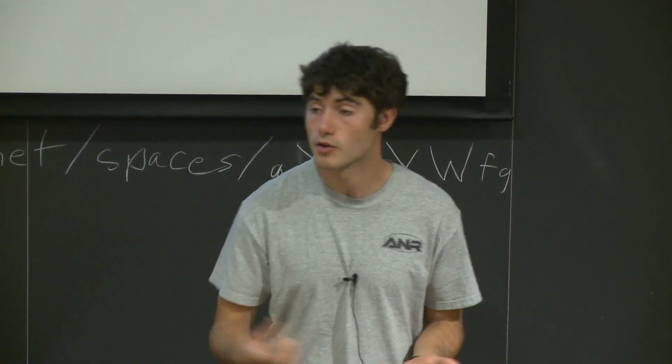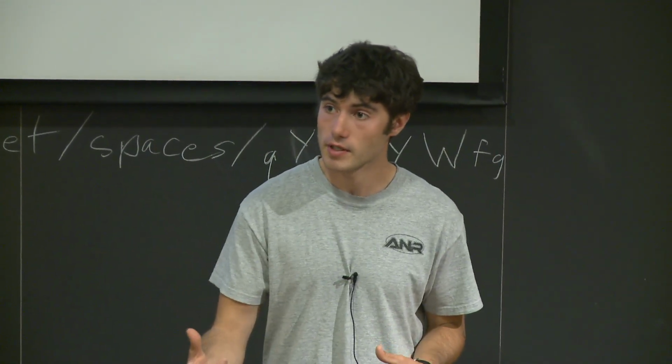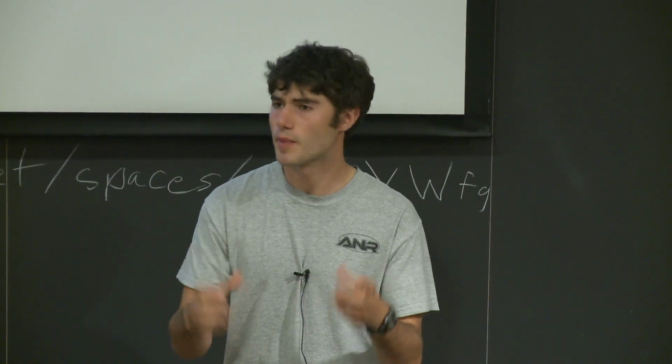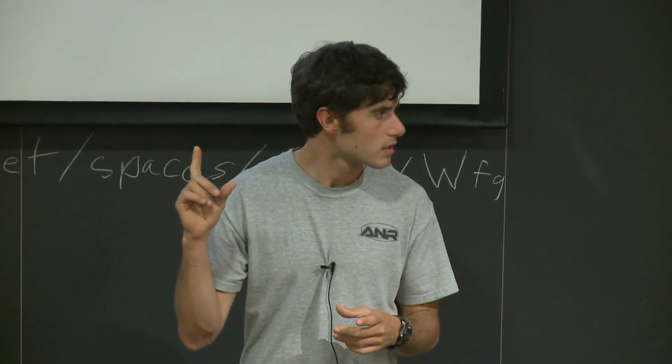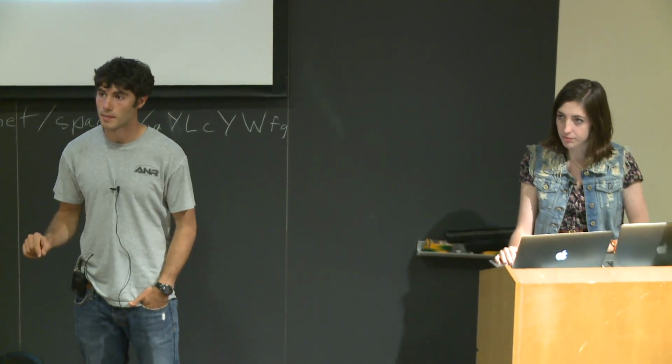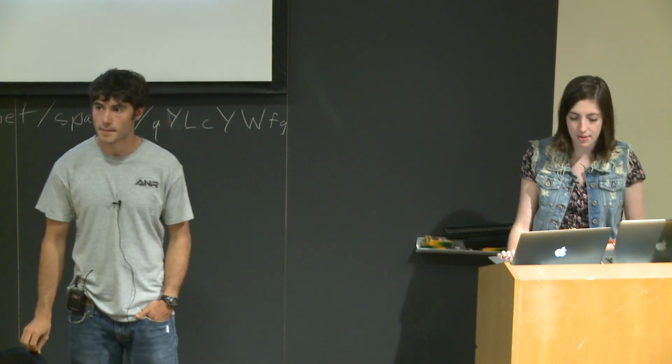Q is a float. So if q is declared as a float, you would just take round and then give it q. You might have to declare it as a double in this case, unless you want to use round f. Is q in quotes? No, not in quotes, just q, in the parentheses. Yeah.